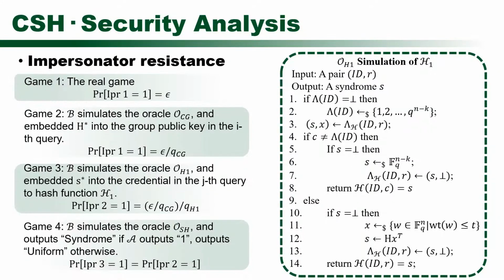In Game 2, the simulator sets the group public key as H star in the S query, where H star is the parity check matrix in the aimed decisional syndrome decoding problem. In Game 3, the simulator sets the hash value of ID A as S star in the aimed problem.